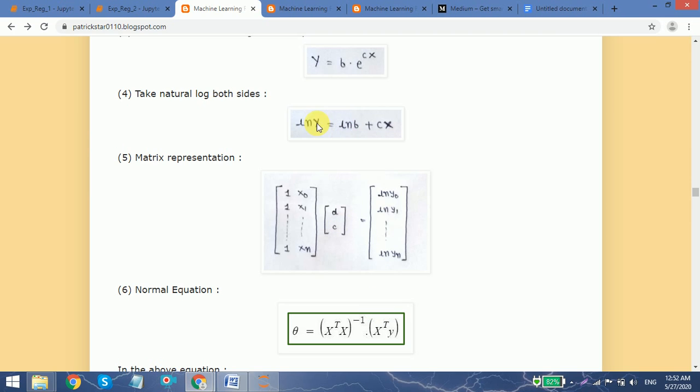We want to find the parameters that are stored in this y vector. So we are going to go according to our formula, and first take the natural log of y. We have just the x value here, and the value of d holds the coefficient of ln b, and the value of c is the coefficient of x0.